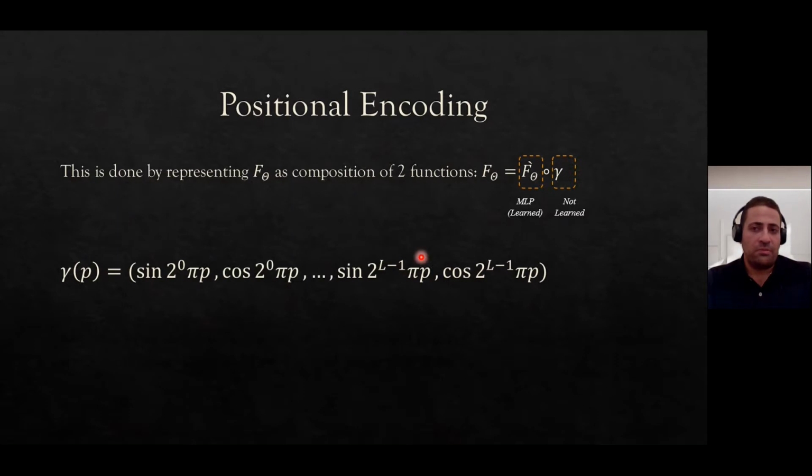Instead of just giving the network an input p, we would give it sine of 2 to the power of 0 pi multiplied by p, cosine of 2 to the power of 0 pi multiplied by p, and so on, until we reach sine of 2 to the power L minus 1 pi p, cosine of 2 to the power L minus 1 pi p.